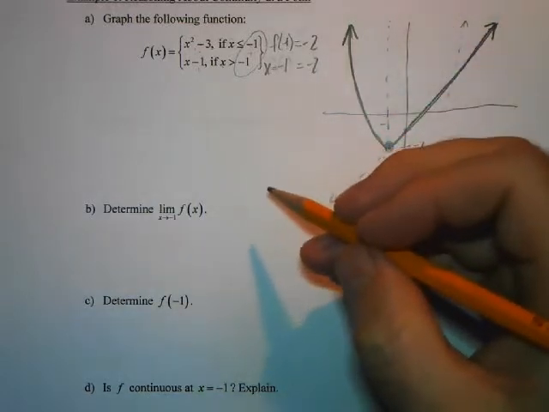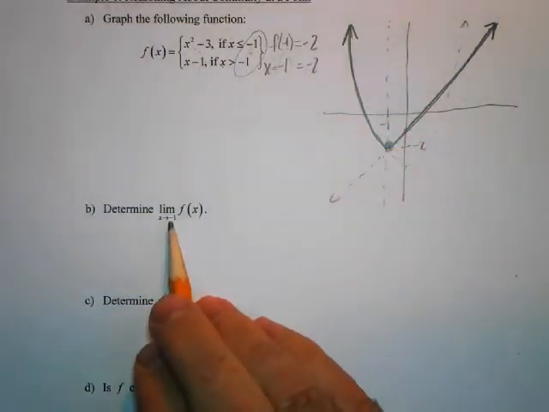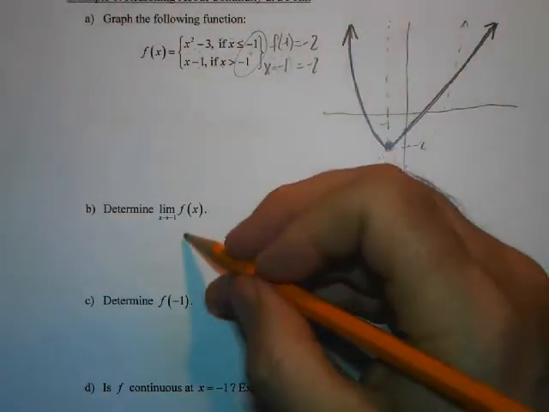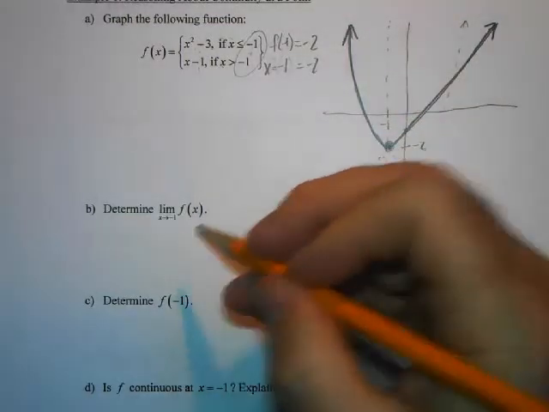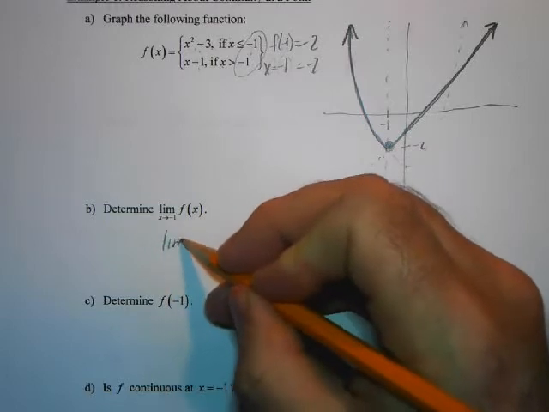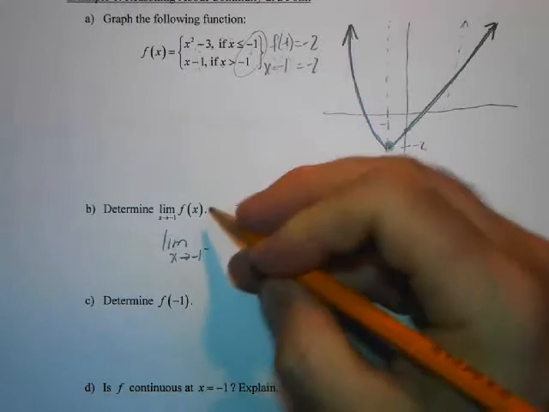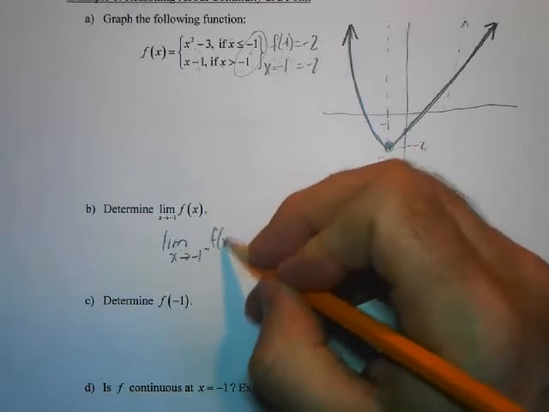So this first limit is, well, I guess we could do both. We could look at the limit as x approaches -1 from the negative side of f of x.